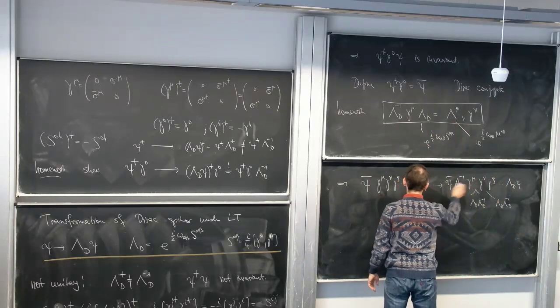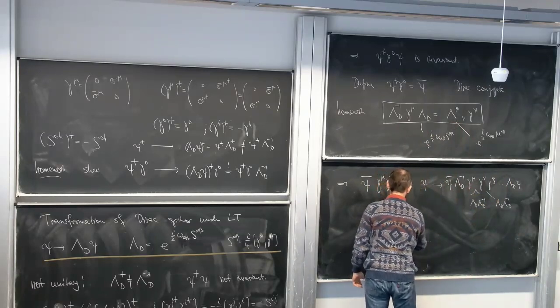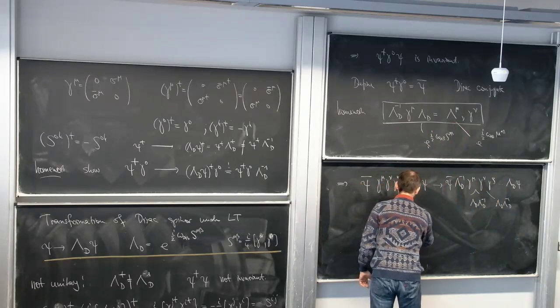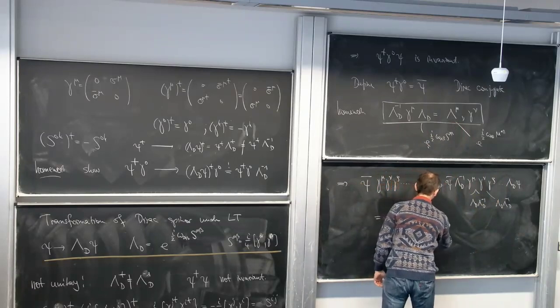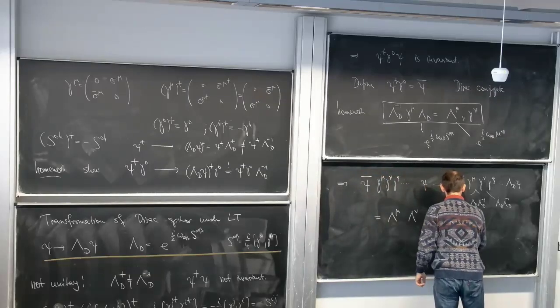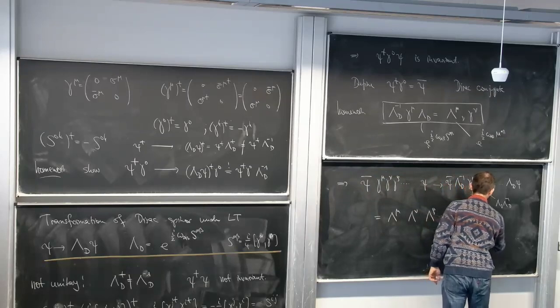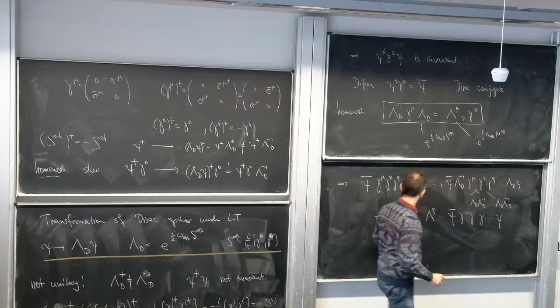The answer then, after the transformation of this thing, is equal to lambda mu, lambda rho. These are the indices we have here, and then we have a psi bar, gamma, and so on, psi, and they need to be contracted.